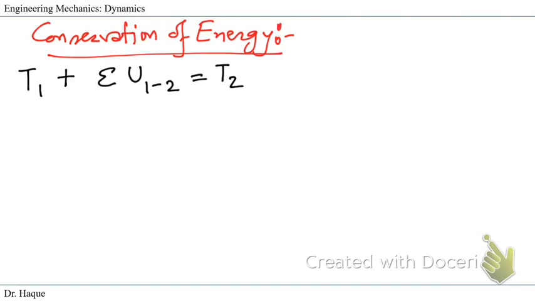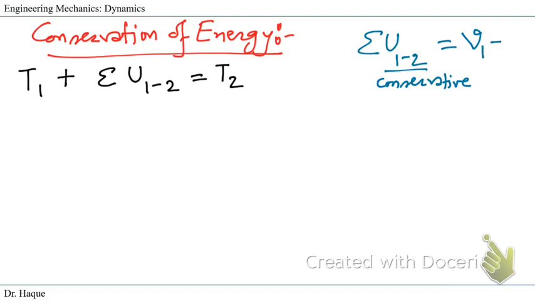For a conservative force, U1 to 2, the conservative work done equals the potential function at position 1 minus the potential function at position 2.